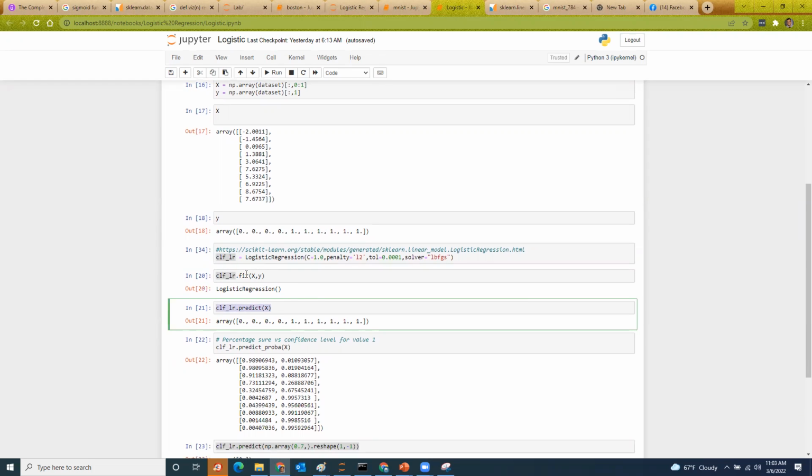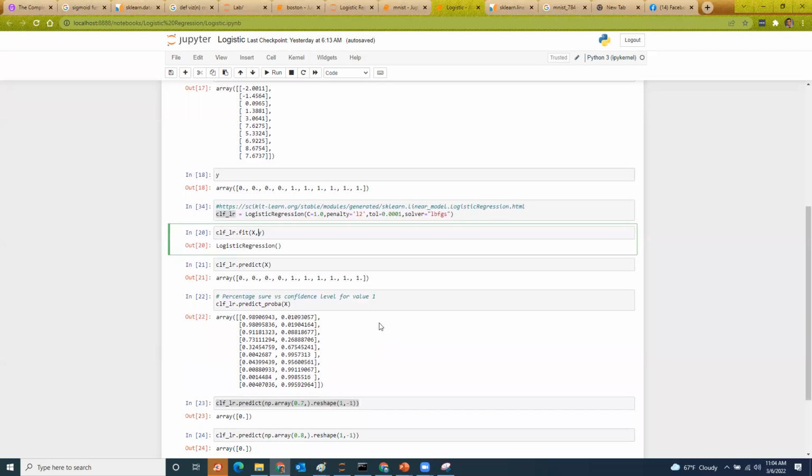So now when we fit the model, we want to see how the prediction is. When you do X prediction, it's going to give you all the Y values for sure, because we already taught the model with the answer, and it's going to give back the predicted value. Because that is how you teach it. But when you give a different set of values, it can predict more clearly, right?